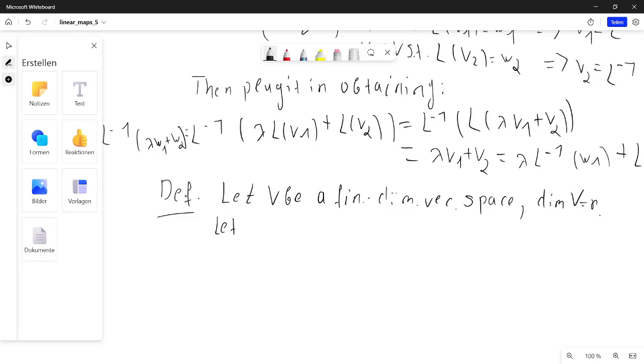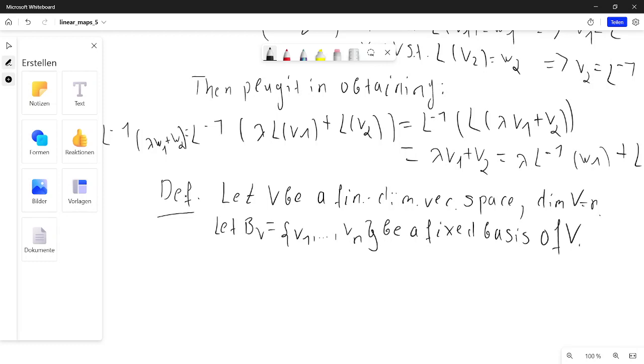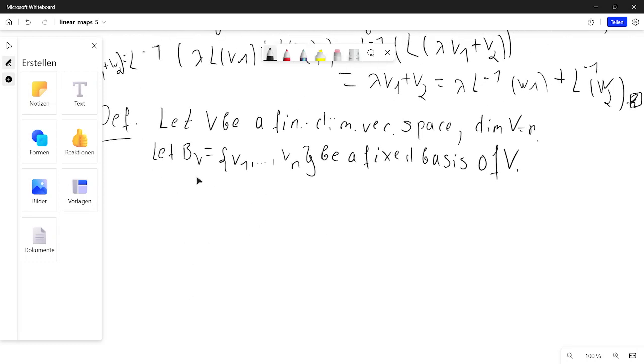Let B, V1 to Vn, be a fixed basis of V. Then define the coordinate map.